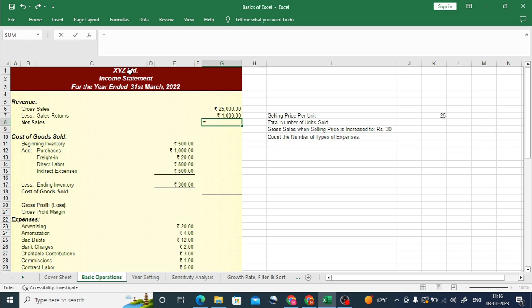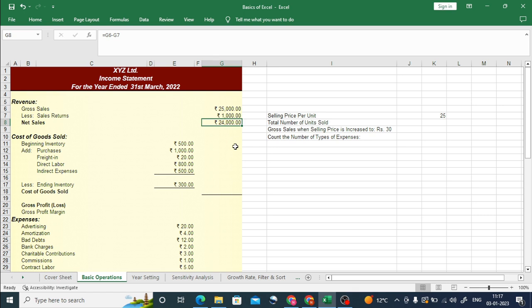Now what we are trying to do is subtract sales return from gross sales, sales return being 1,000 rupees and gross sales being 25,000 rupees. So first of all we select the amount of gross sales, minus sales return, and then we hit enter. As you can see, net sales has been calculated, which is 24,000 rupees.